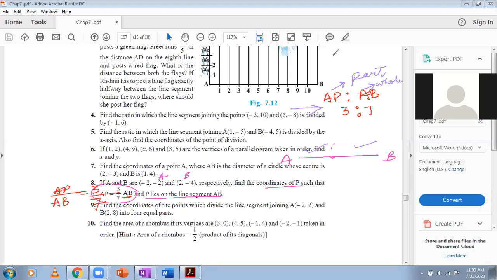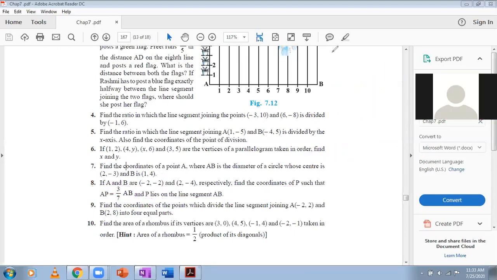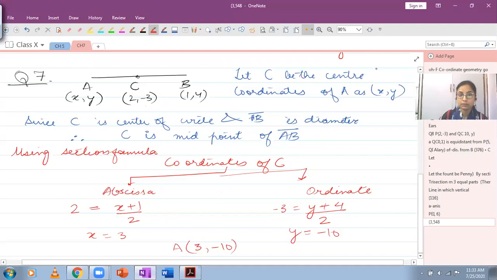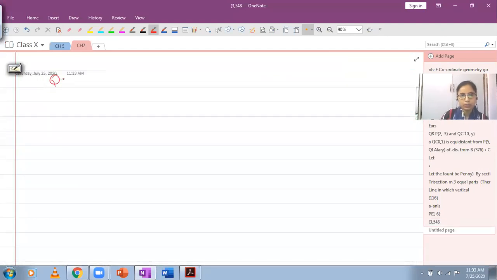Yes, ma'am. So the first thing we want to do is find out the ratio of the two parts into which AB is divided. So let's quickly show it. This is question number 8. We have line segment AB. The coordinates of A are (-2, -2). The coordinates of B are (2, -4). And there is a point P here.